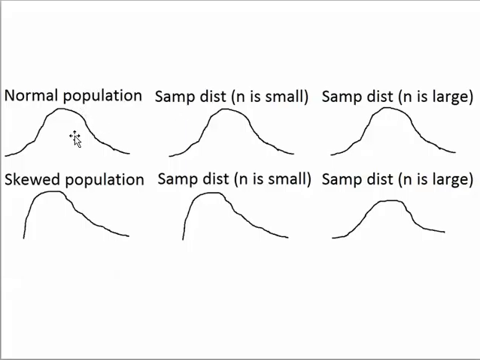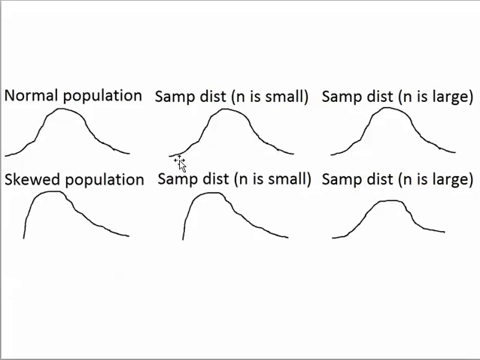So if the population is normal, the sampling distribution is always normal, no matter what sample size you're dealing with. If the population is skewed, the sampling distribution is skewed when you're using a small sample size, but is roughly normal with a large sample size, a 30 or larger.